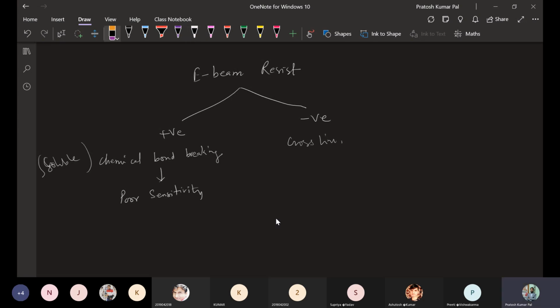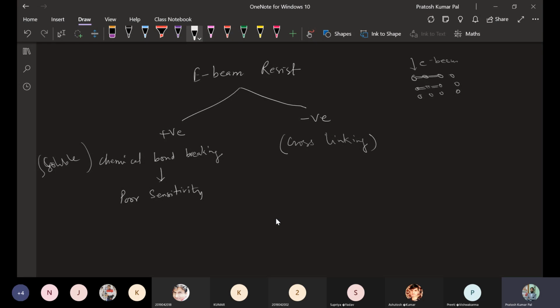In case of negative type of resist, cross linking will be taking place. So cross linking means two atoms will be linking to each other. Suppose there are different atoms in this polymer. So in case of negative type of e-beam resist, when the e-beam is exposed, these atoms will be linked to each other.